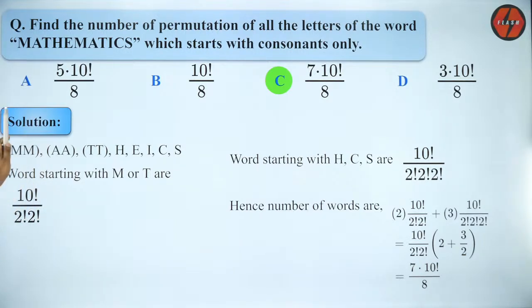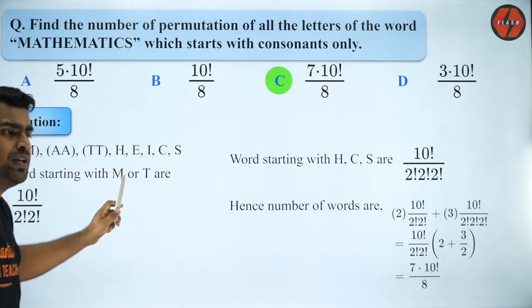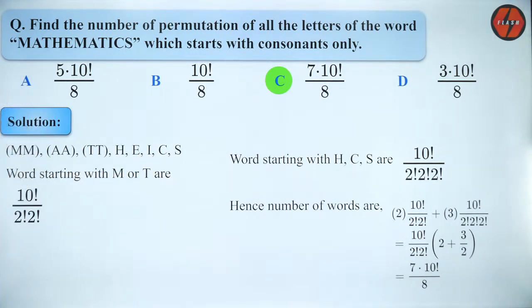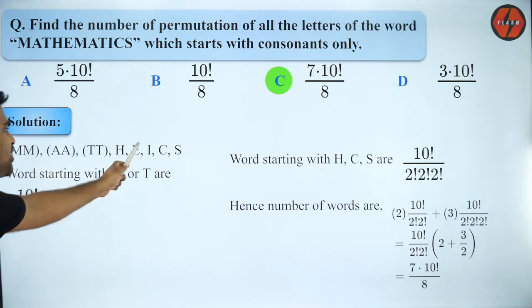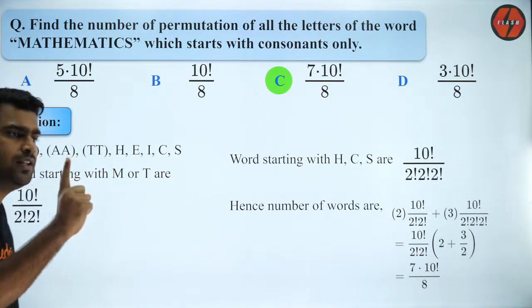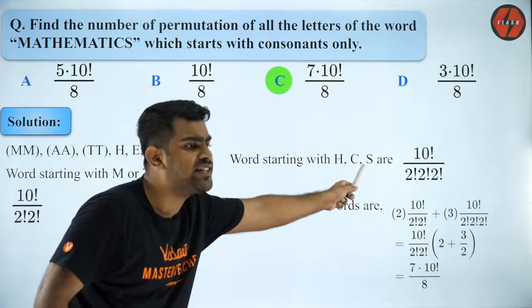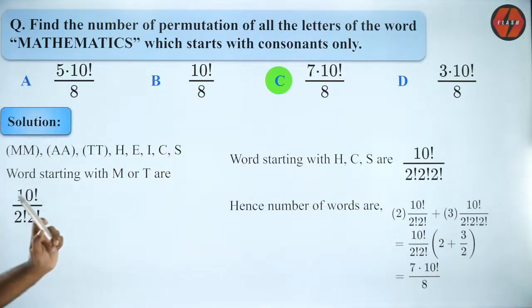The consonants are M, T, H, C, S. But I cannot consider all of them together, Asim, because M and T are 2 and 2 in number, whereas H, C, S are single. So I consider M and T separately and I consider H, C, S separately.